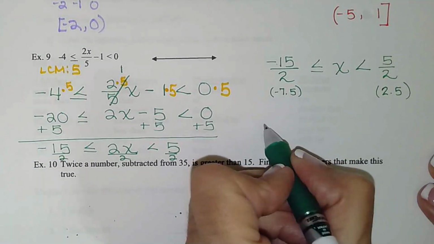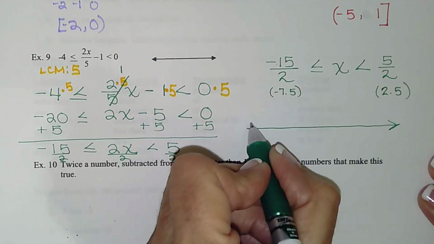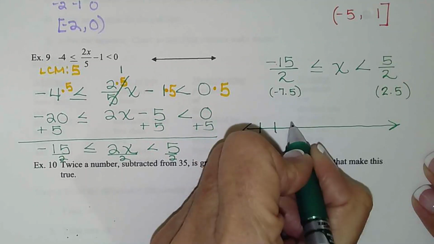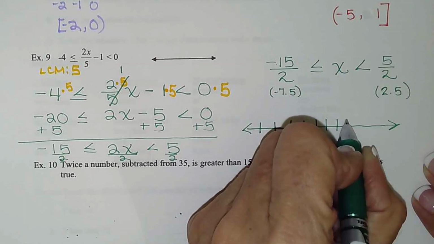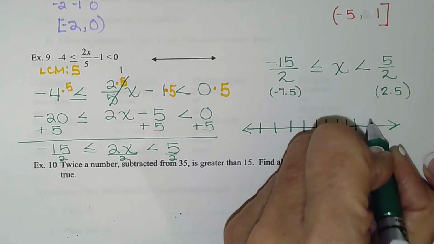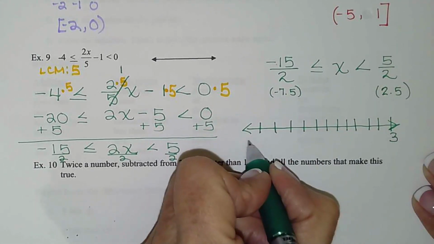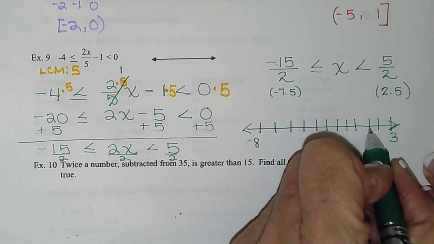And that is a really teeny graph, so I'm going to make a bigger graph so we can get it on there. So -8, -7, -6, -5, -4, -3, -2, -1, 0, 1, 2, 3. So there's 3 and there's -8. And then we'll put the 0 in, 2, 1, 0.